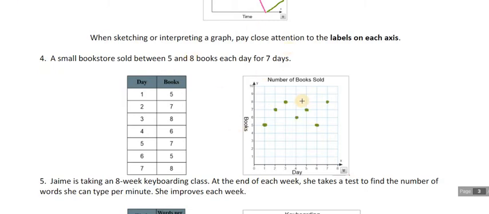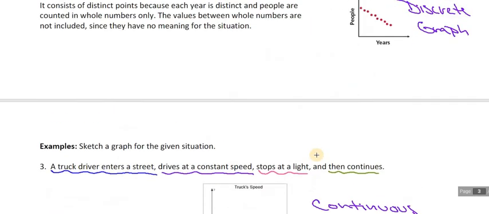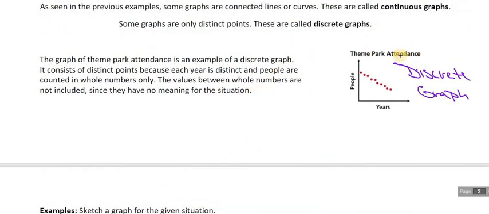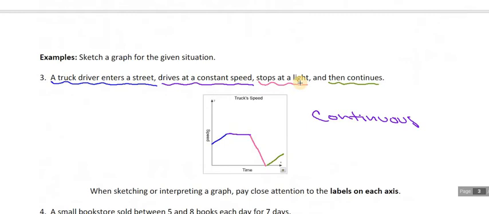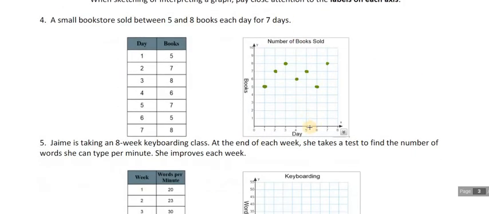Okay, so here's what our graph should look like. Now the question is, would this be a continuous graph? Should we connect the points? Well, this is actually similar to our theme park attendance, where the years are distinct and numbers of people are always going to be whole numbers. This is going to be the same situation. Days are distinct, as is our number of books sold.